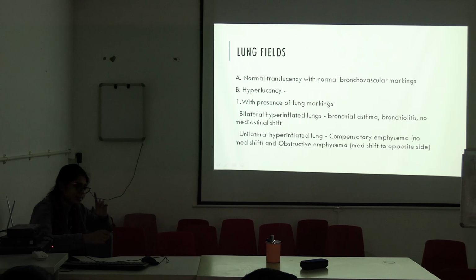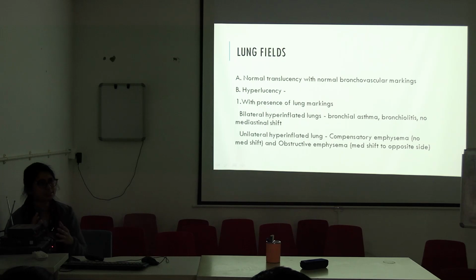But if a single lung is affected, a single lung is hyperlucent, but there is no mediastinal shift, it is compensatory emphysema. Just remember, in pathology classes or medicine classes, they will take classes on emphysema. Emphysema are of two types, obstructive and compensatory. When does compensatory happen?